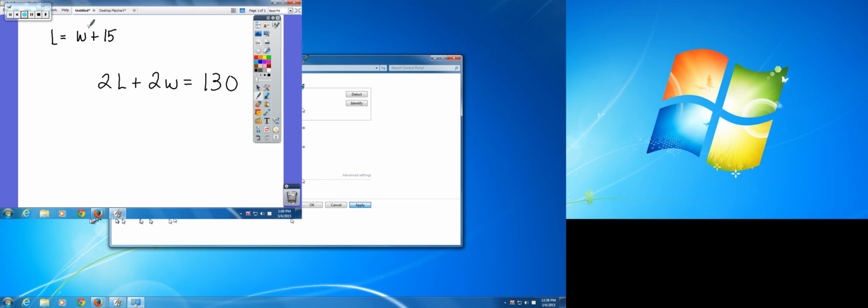Now, since L is equal to W plus 15, I'm going to take the W plus 15 and plug it in for L. So I'm going to rewrite with big sets of parentheses: 2 parentheses plus 2W is equal to 130. And those of you who don't know what I mean by W, that's W.